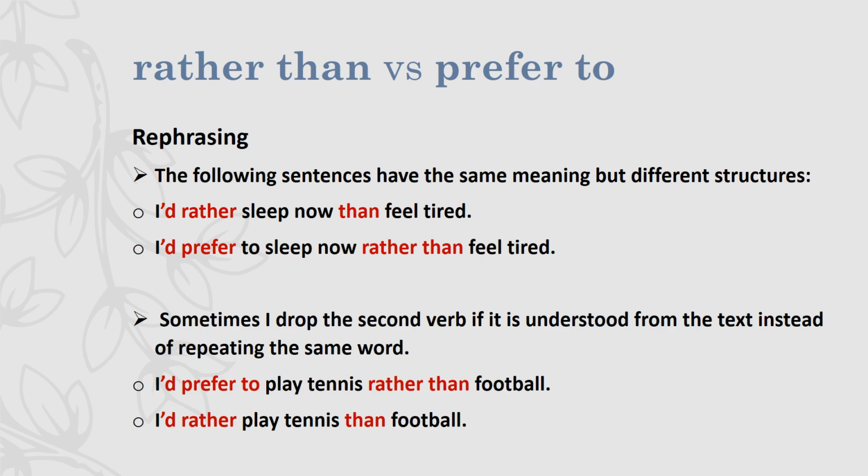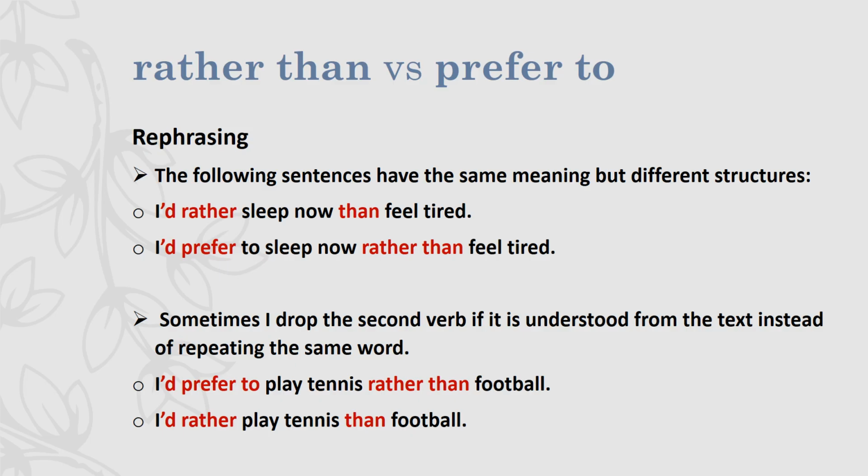Now I will use a different structure using prefer. I will say, I'd prefer to sleep now rather than feel tired. I made some changes. Here with prefer I have to say to, full infinitive. And then in the middle I will say rather than, not than only.